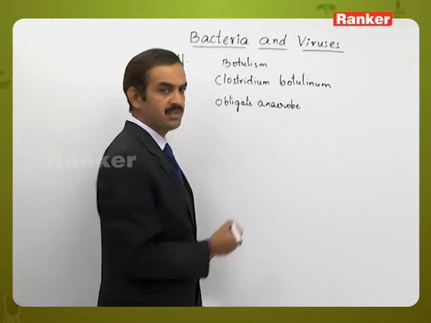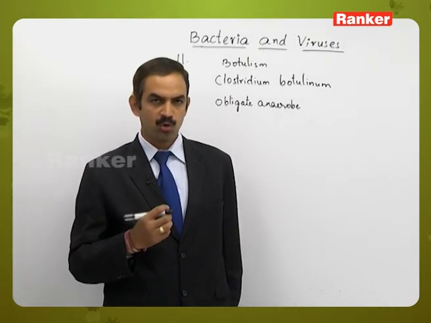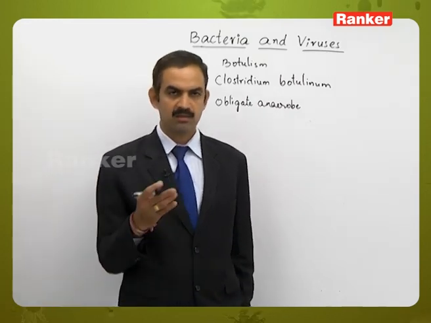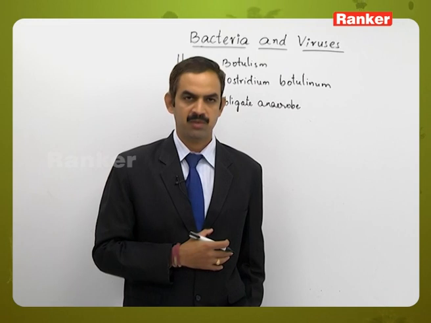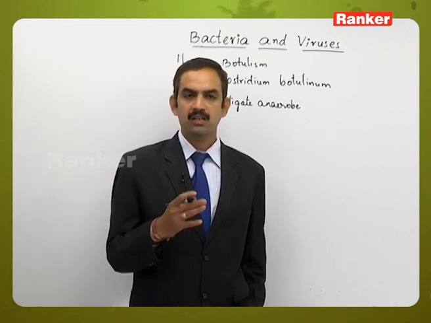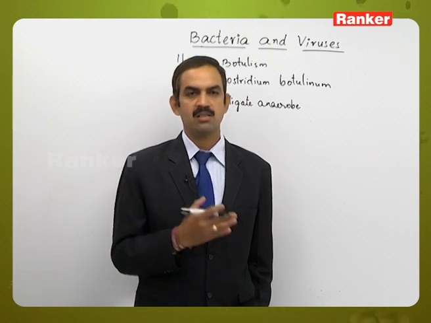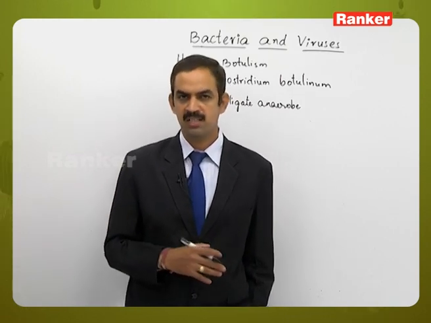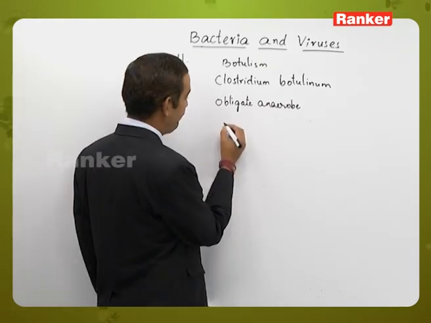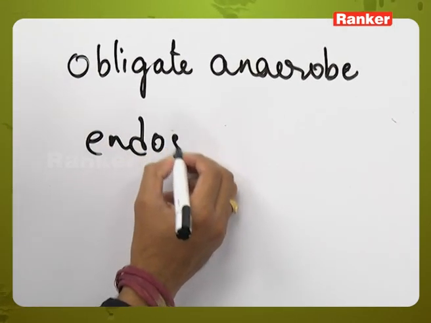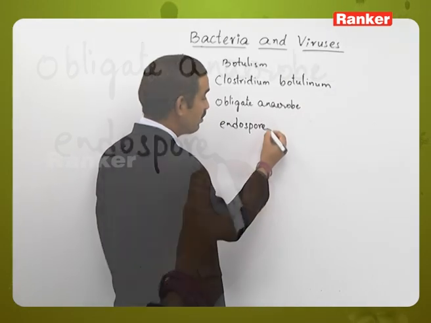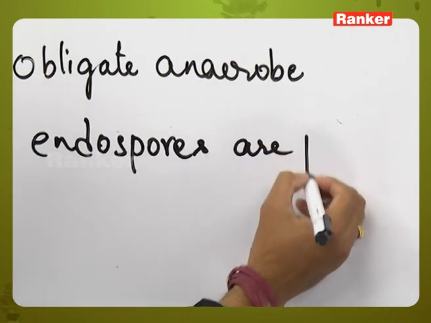Obligate anaerobe means which survives only in the absence of oxygen. Anaerobe means generally it performs anaerobic respiration, that is, respiration in the absence of oxygen, and obligate means it cannot survive in the presence of oxygen. It will produce some special type of structures during unfavorable conditions called endospores.